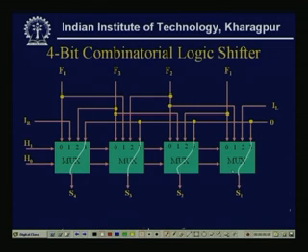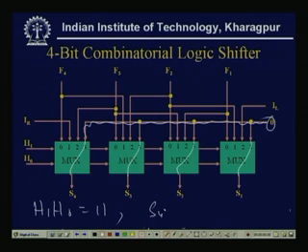In this particular design, the fourth input is stuck with 0. So, when it is 1 1, then S4 equals 0, S3 is 0, S2 is 0, S1 is 0. So, this is some reset type of design.